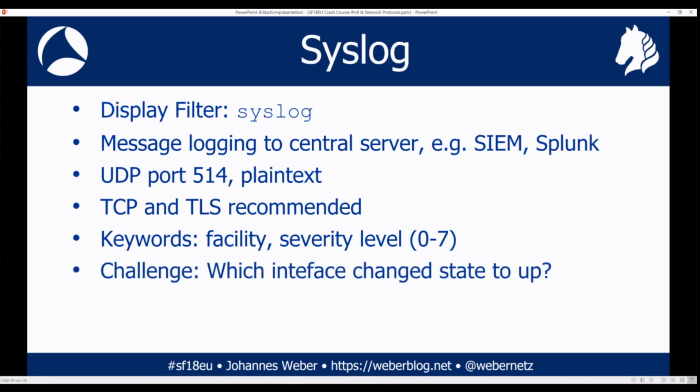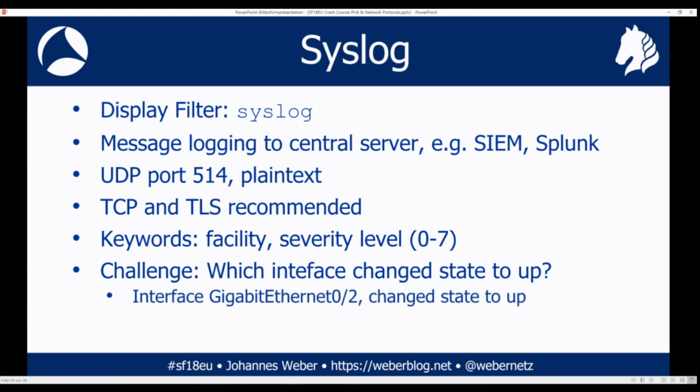Yeah. So the challenge, please filter for syslog. Which interface changed the state to up? Gig 0/2, which is correct. So I think again it's the last row. This is correct.